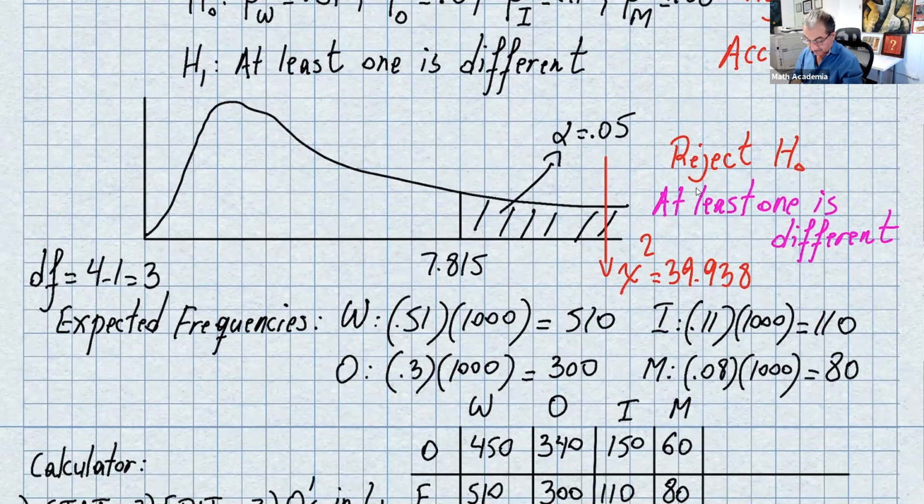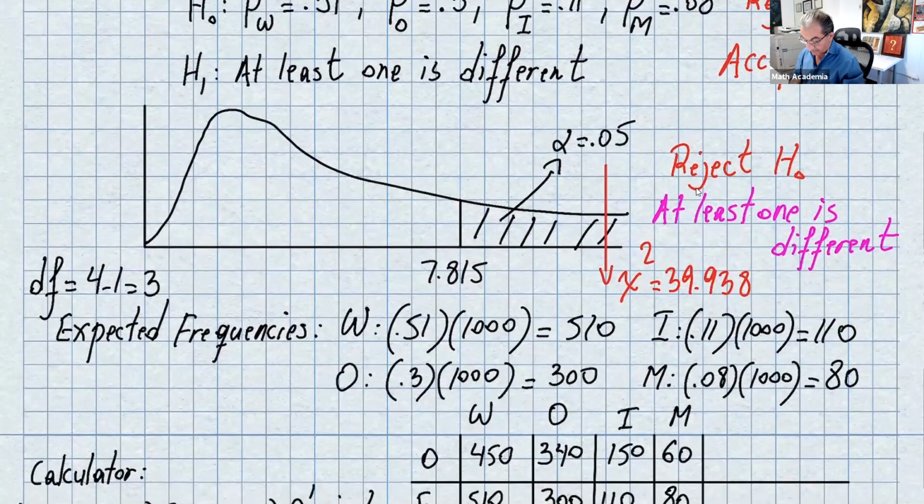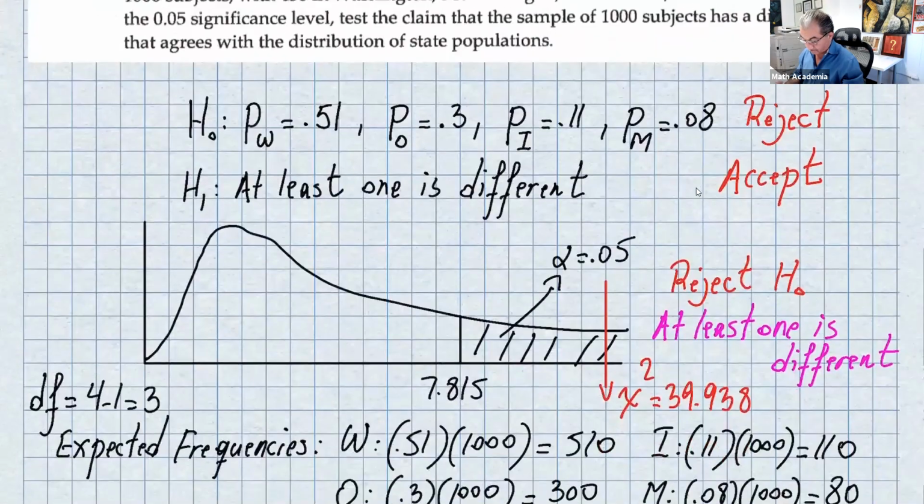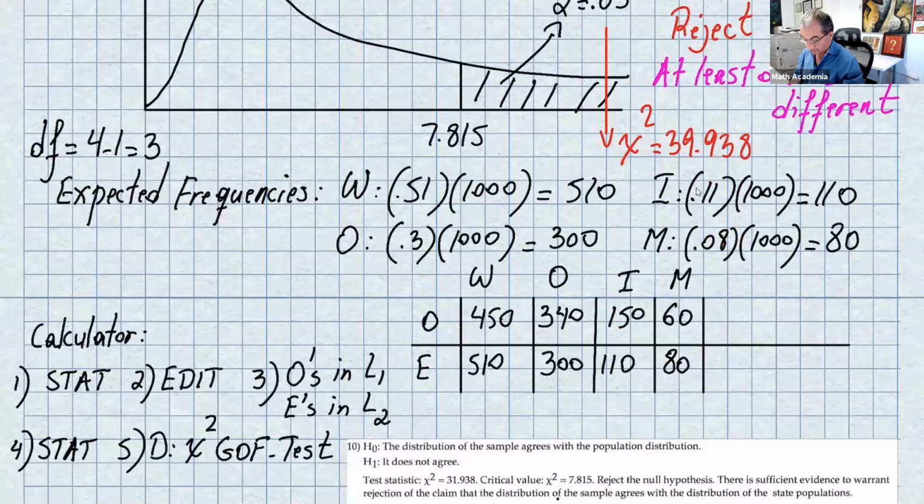Now you have to calculate the expected frequencies of the researcher. 51% of 1,000 is 510, and 30% of 1,000 is 300, and Oregon is 30% of 1,000, which is 300, and Idaho is 11%, which is 110, and Montana is 8% of 1,000, which is 80.